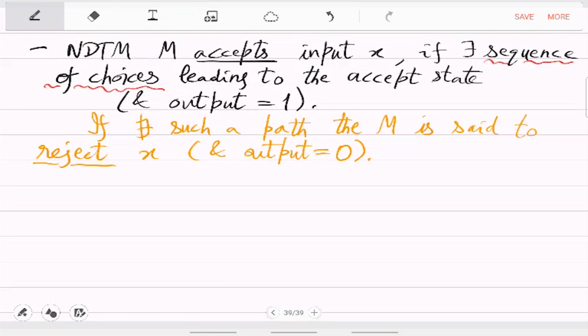And now, since we don't talk about how the choices will be made, this is not really a practical computational model. This is as theoretical as it gets. A Turing machine is like computers, but this is not like computers.